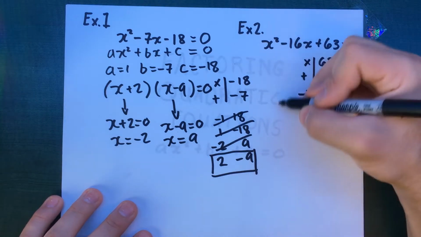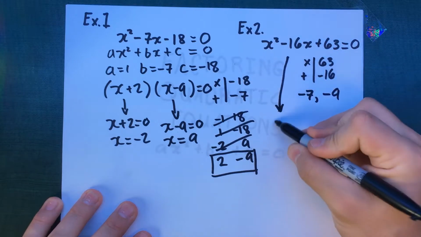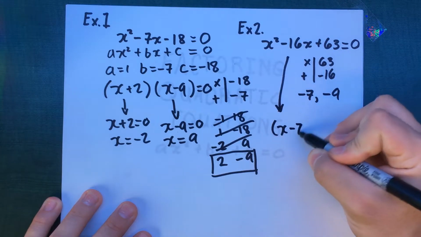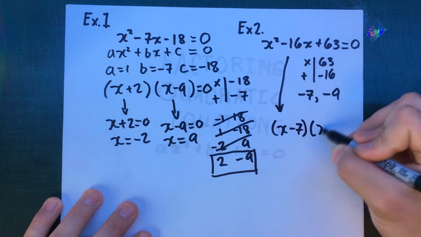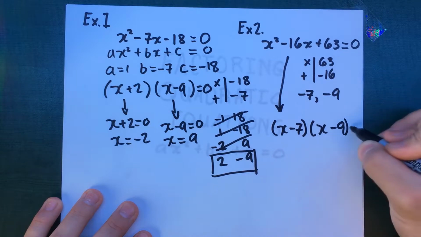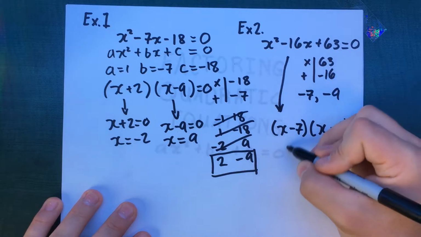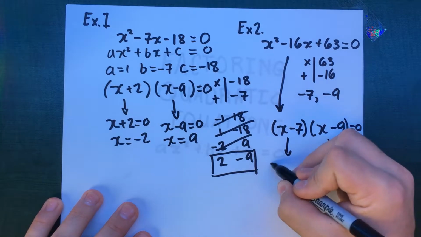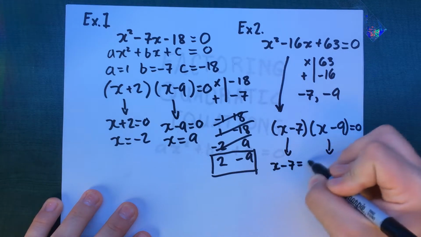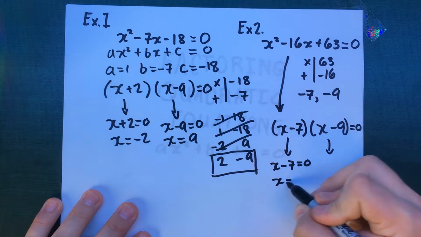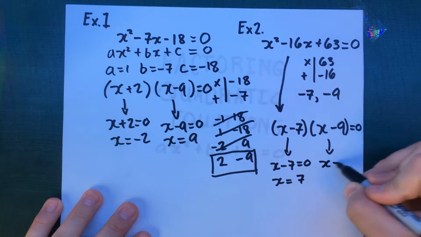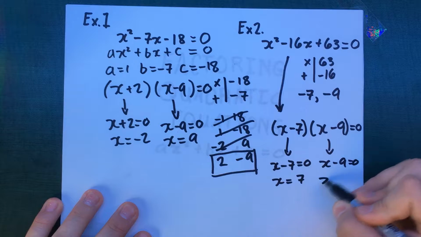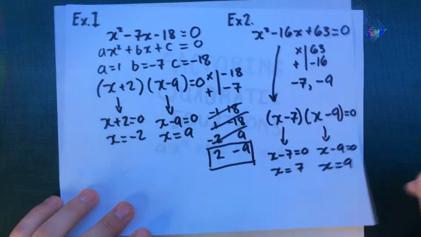So we can write this general equation as x subtract 7 times x subtract 9 is equal to 0. Okay, so now if we solve for each part of our bracket, x subtract 7 equals 0, x equals 7, and x subtract 9 equals 0, x equals 9.